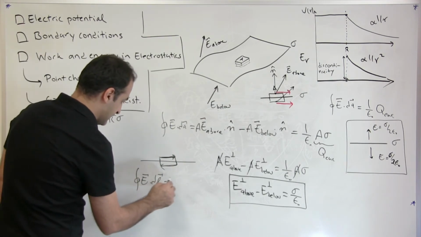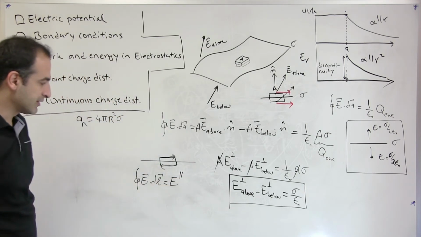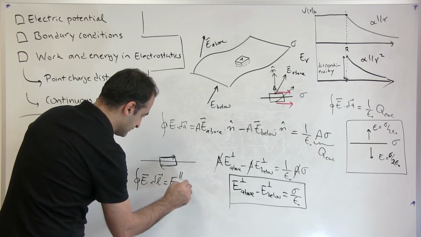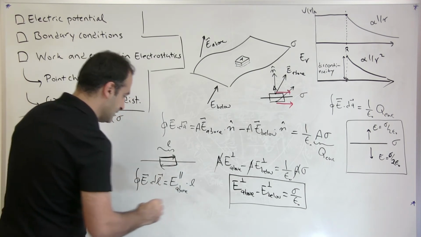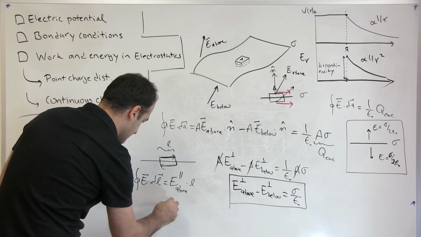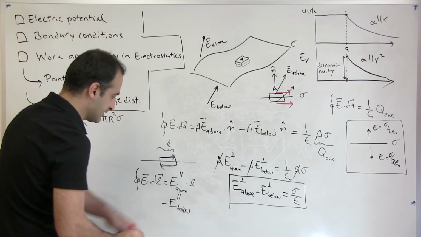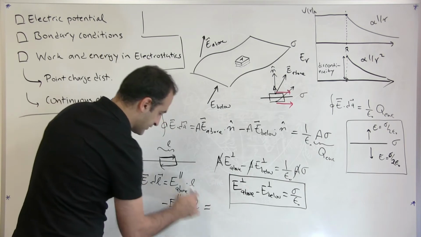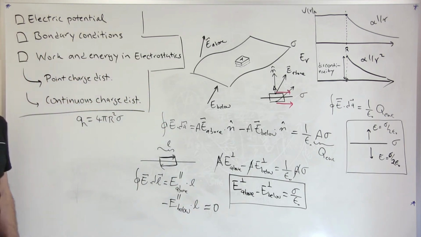I get the tangential component of the electric field, E above, times L, considering that the distance here is L, minus E below, tangential component, times L. If you subtract, that has to be 0, because this is always 0 for the electric field.